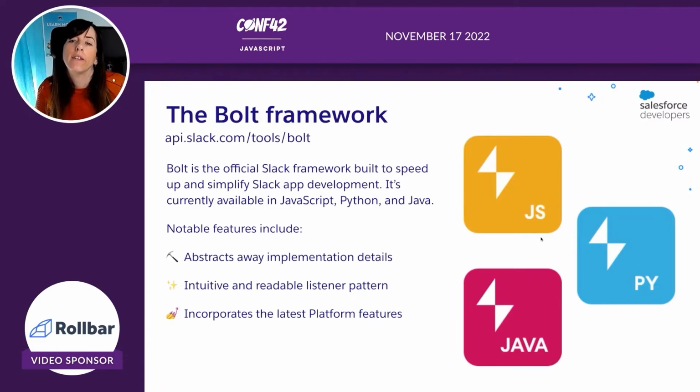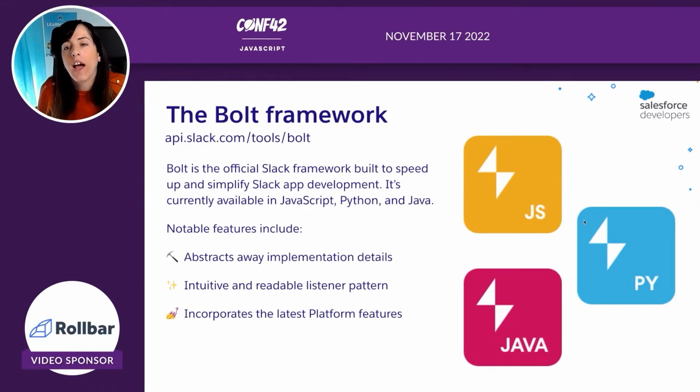Bolt is written in JavaScript, Python, and Java, right? And it abstracts you from the implementation details of those APIs. It also follows a very intuitive and readable listener pattern that allows you to listen for those events and to respond to them when you need to.